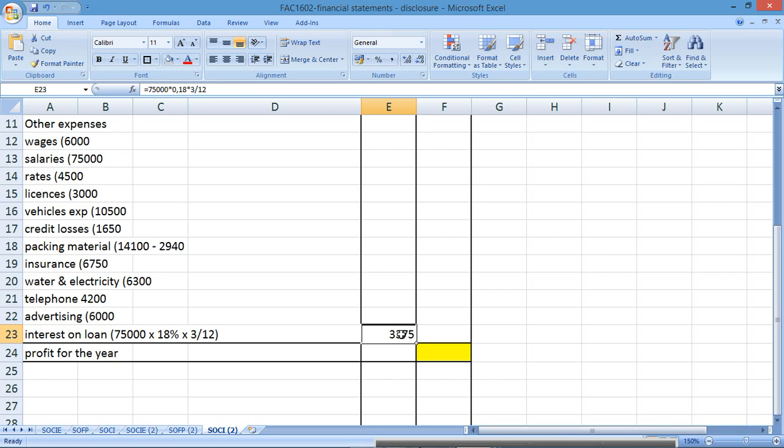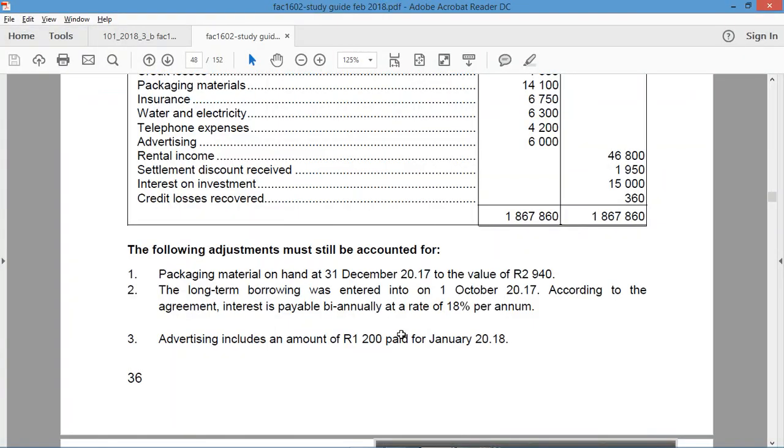Don't you have to do it against your capital, minus it from the 75,000? You can't, because the 75,000 is a loan. What is this viewed as? Expense. What type of expense? Payable expense.